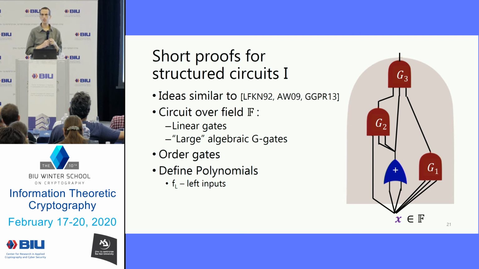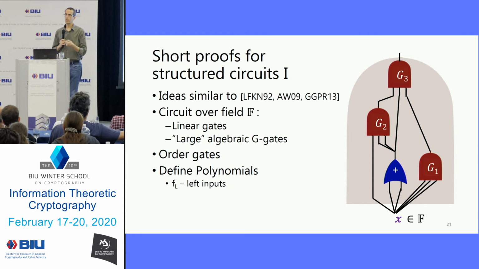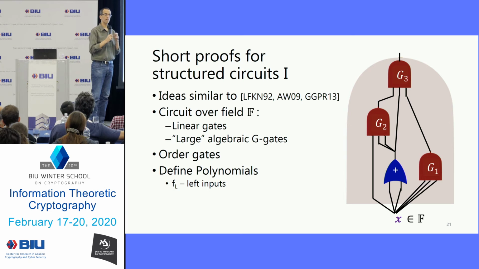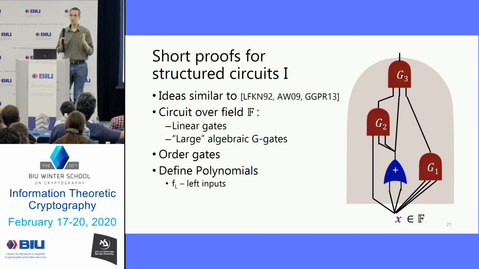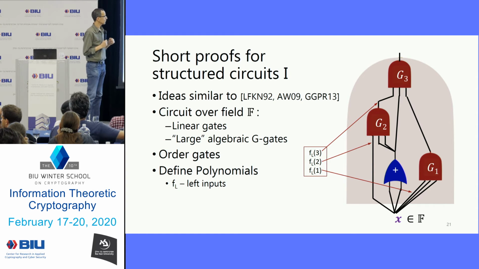So here's the first polynomial, FL. I'm going to call it FL. And this polynomial is going to be determined by the values on all the left wires to all the gates. So I said there are n G gates. Each one has L inputs. So I'm going to have L different polynomials. And the first one is determined by the values of all the left wires. So here are all the left wires.